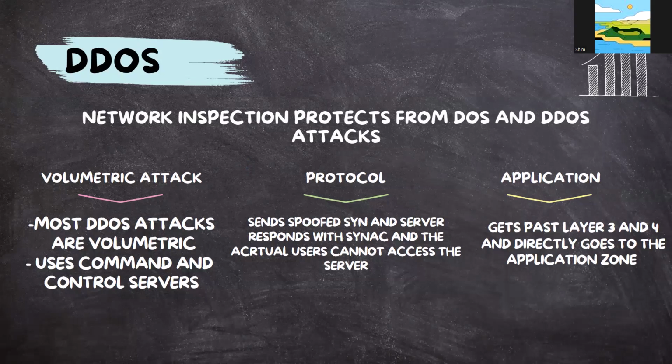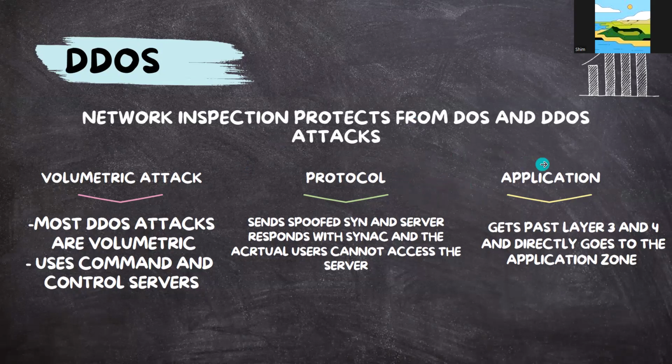That way when a real person wants to connect to the server, it cannot because it is already full. And then in an application attack, the server is attacked directly, so it ignores layer 3 and layer 4, and it directly attacks the server, and this way the server is infected.